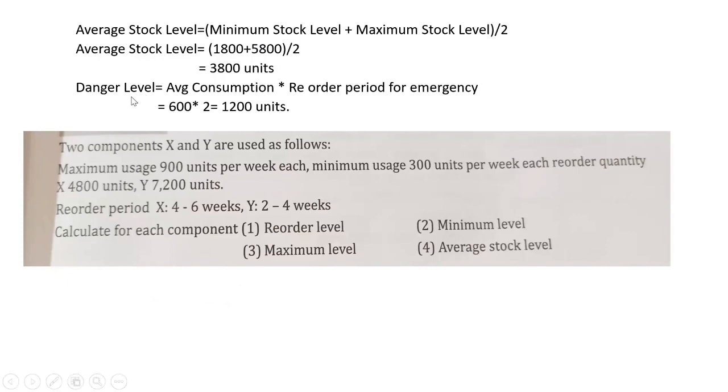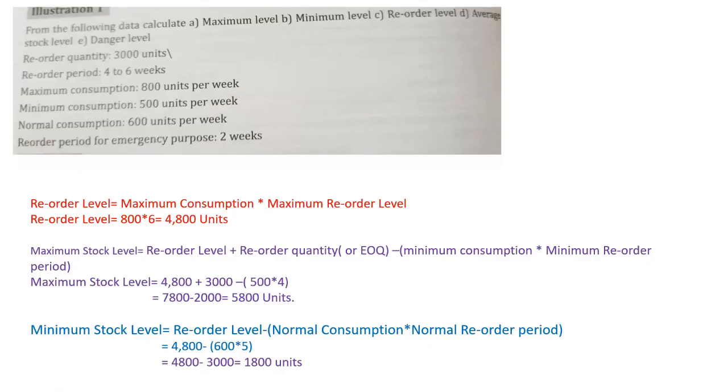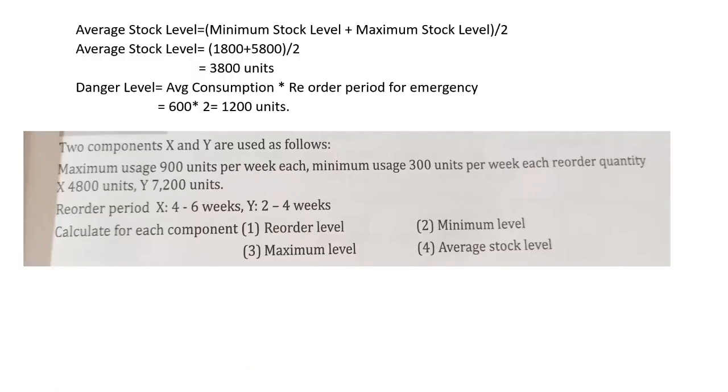So danger level. For the danger level you can consider the normal consumption also, if that is given. Here they have given the normal consumption or average consumption. If they have not given it, as I said, this plus this divided by 2, that is your average.